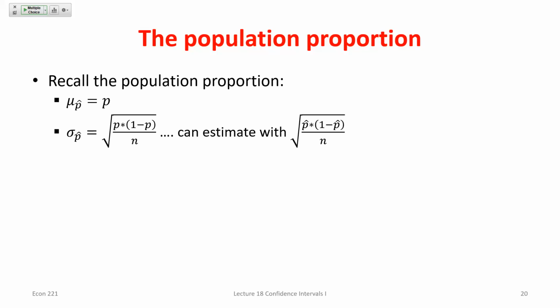Now, I don't think women smoking while pregnant is a success, but success is whatever we're looking for, the proportion of. So we want to find the proportion of women who smoke while pregnant. We count the number of women who smoke while pregnant and divide it by the total number of observations, which is really just our sample size. We'll see how this plays out in an example in just a second, but sometimes we have a little bit extra work to do, which is calculating what that sample proportion is.